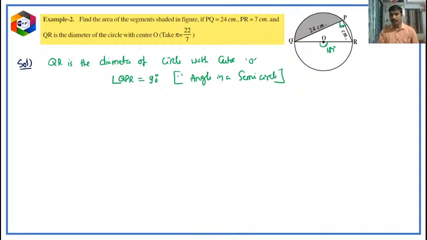Now children, again you can calculate QR, the hypotenuse, by making use of the Pythagoras theorem. Let us give the answer for QR first. Yes, Harita, absolutely correct, the Pythagoras theorem should be applied. So now triangle QPR, angle P is equal to 90 degrees.